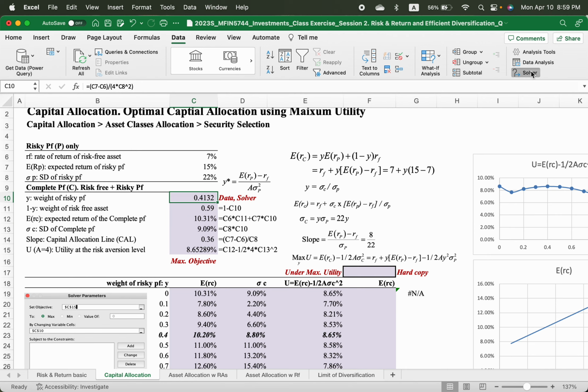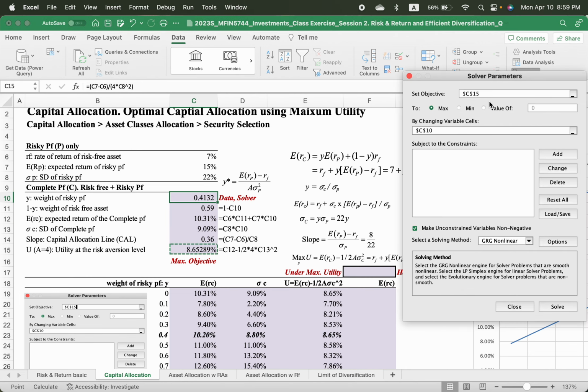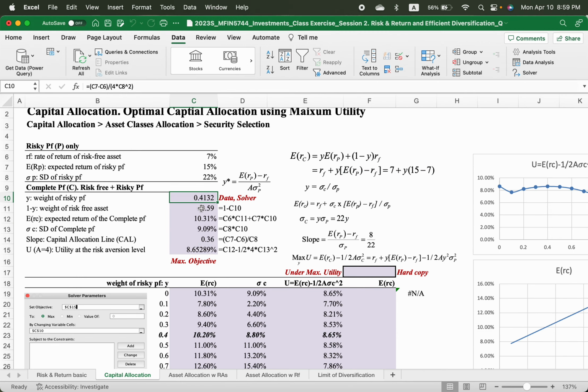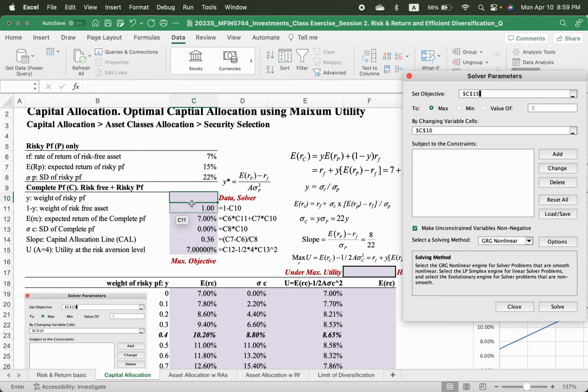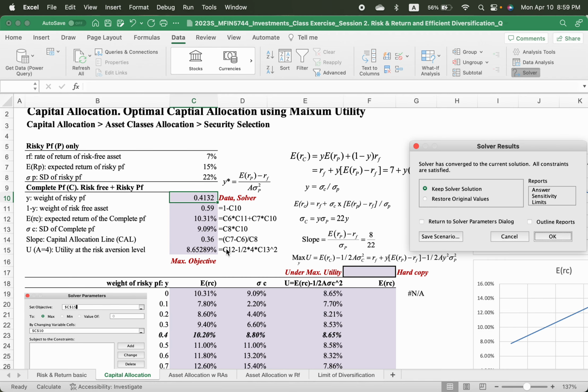Or you can use the Solver if you want to find this. Set objective to maximum. We want to make this maximum. Okay, let me close. Then let's calculate one more time using Solver. Set this objective, this utility at the risk aversion level of 4, to maximum by changing the cell of this weight, so we can get also the same result.